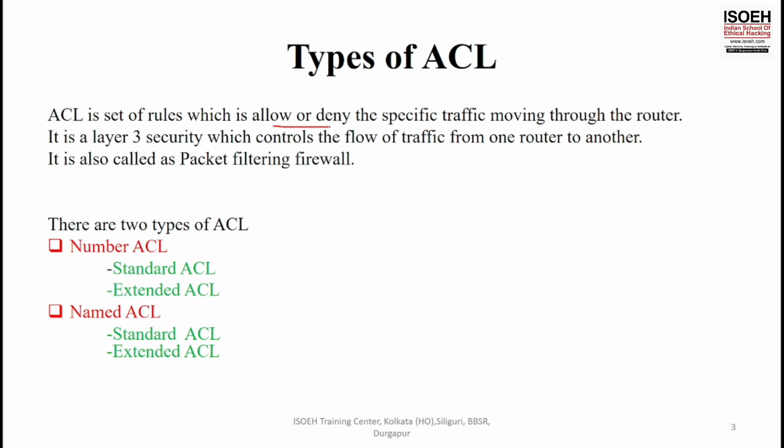Basically, ACL has two types, standard and extended ACL. ACL also has two categories, numbered and named. The administrator will configure according to his scenario, applying number based or name based.